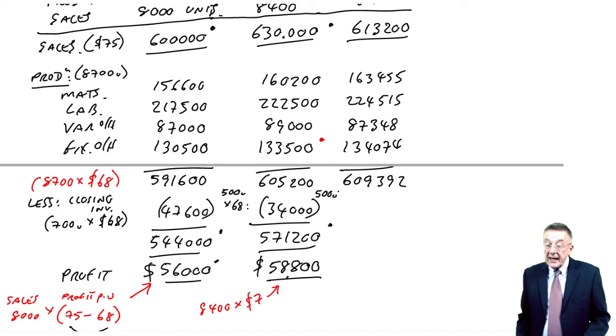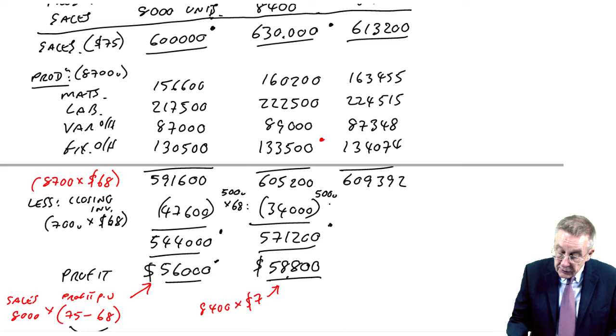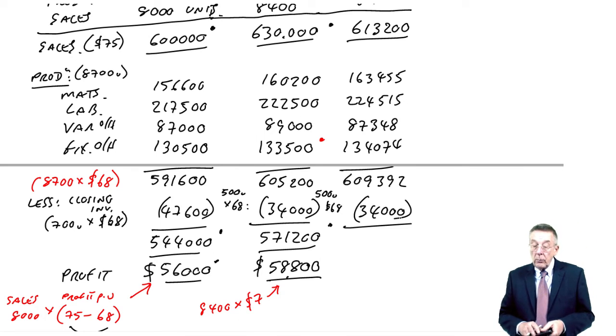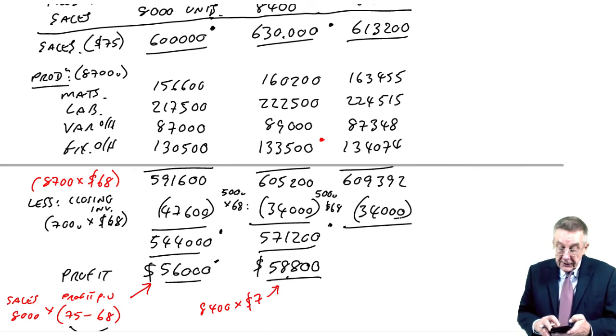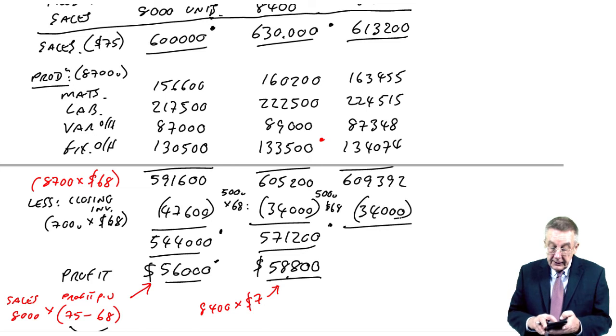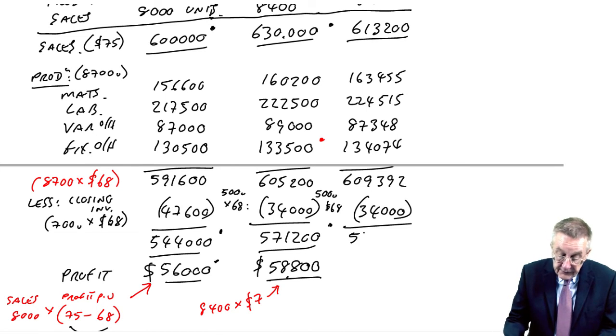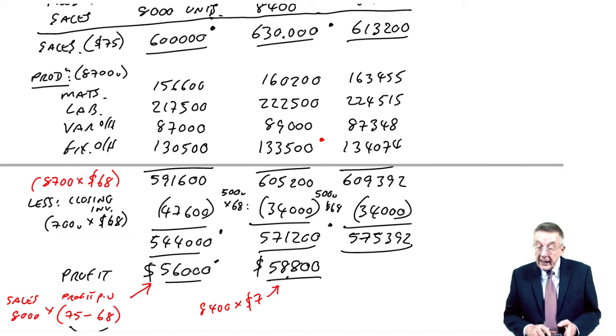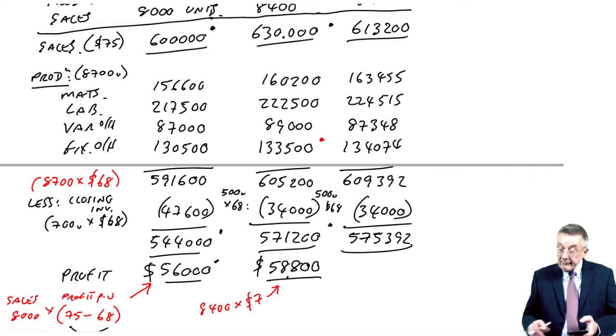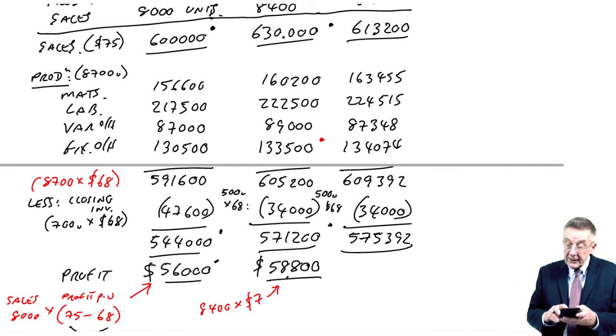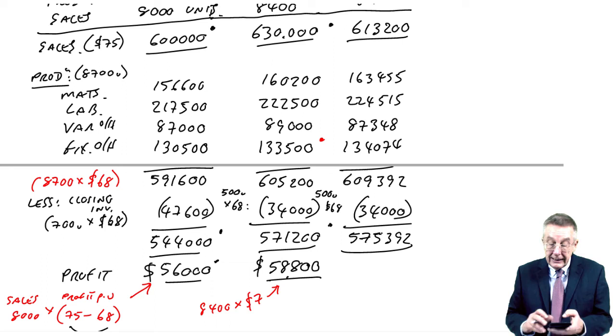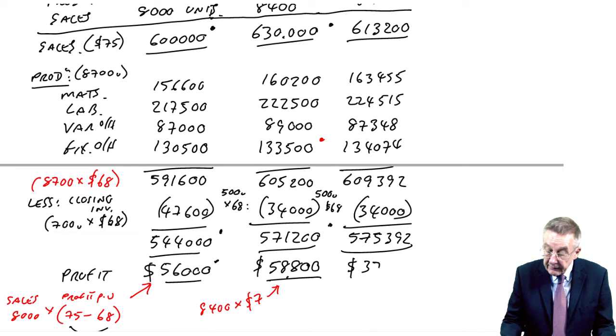I'll explain why in a second, but the standard cost, remember, was 68 a unit, so the inventory will be valued at 34,000. Which gives the cost of sales 609,392 minus 34,000 is 575,392, which finally gives an actual profit, if you subtract from the revenue of 613,200, the actual profit 37,808.